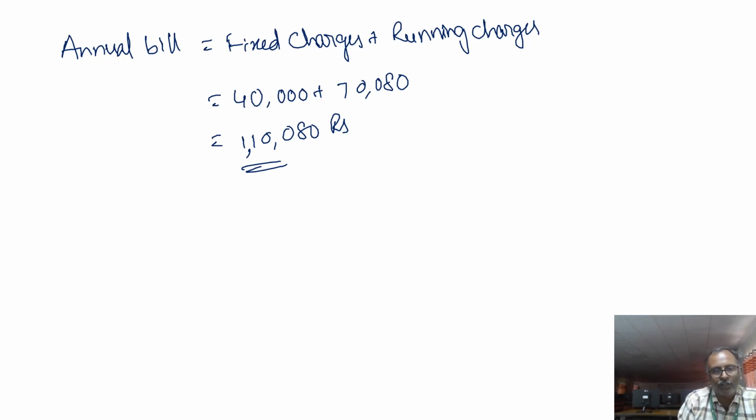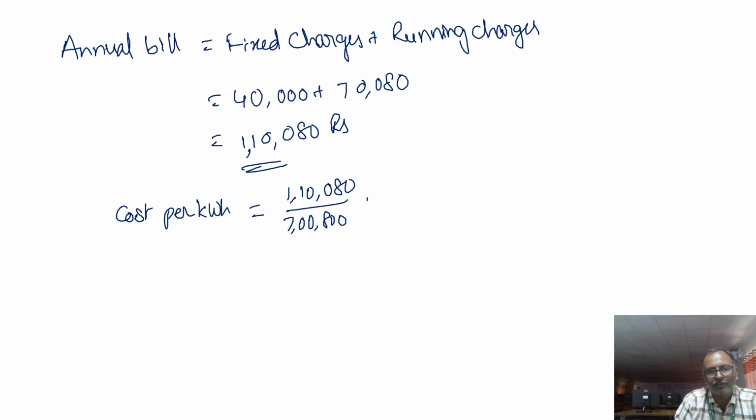This is the annual bill. But we need to find out the cost per kilowatt hour. It is given by the total cost, 1,10,080 rupees, divided by the total energy consumed, which is 7,00,800 kilowatt hour units.